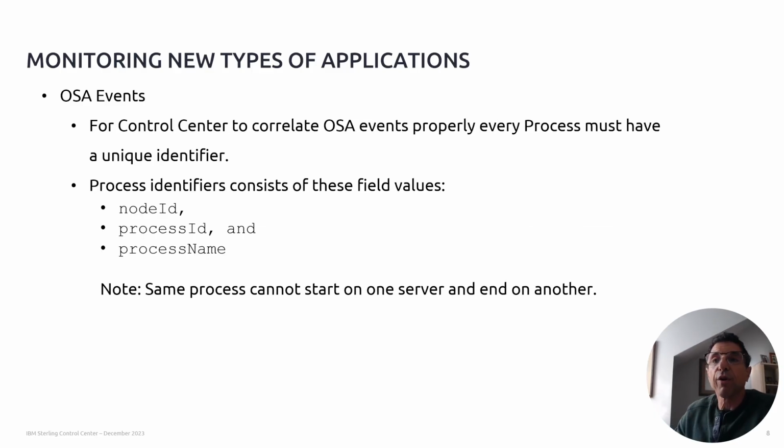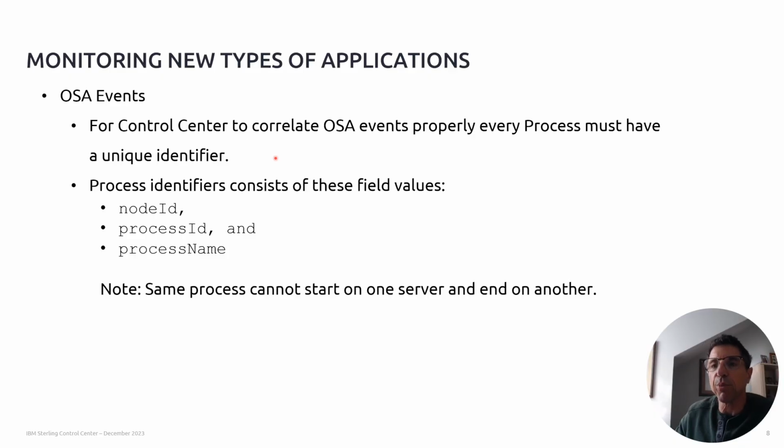Know that for Control Center to properly correlate the process events that you send in, to keep them all together, each process must have a unique identifier. These identifiers consist of up to three parts of the events that you send in: the value for the node ID, the value for the process ID, and the value for the process name.